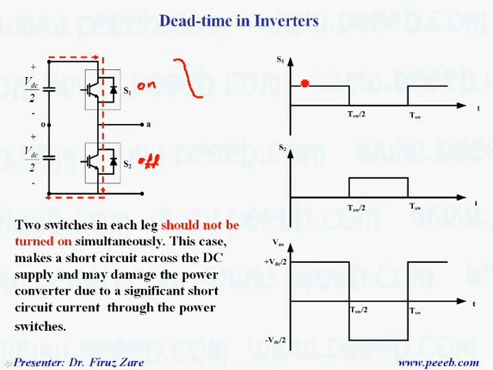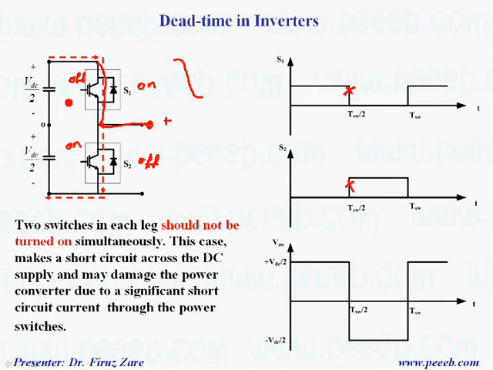So let's start with an ideal case. That means the switching time is almost nothing, 0. In this case, we turn off S1 here, and at the same time we turn on S2. So we can see that the voltage changes from this position, because before it was plus VDC over 2, and now we turn off and turn on.